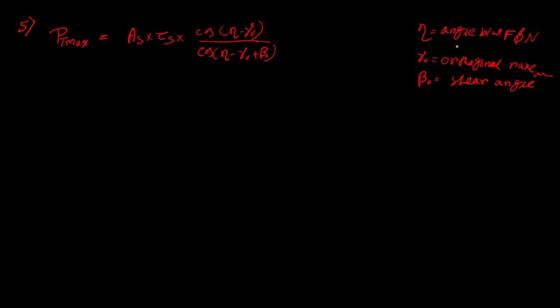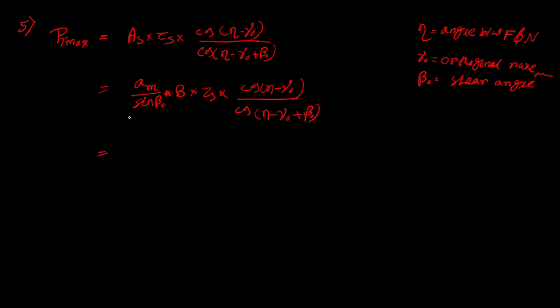Now the shear area is the uncut chip thickness by sine beta naught into the width of the chip. So it is uncut chip thickness by sine beta naught into width into shear stress, as it is, cos of eta minus gamma naught by cos of eta minus gamma naught plus beta naught.